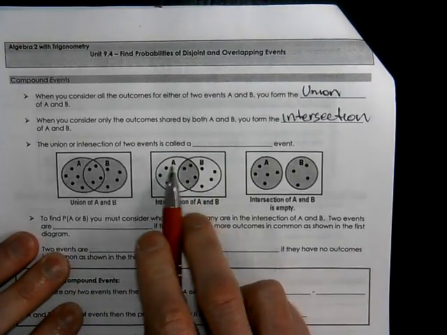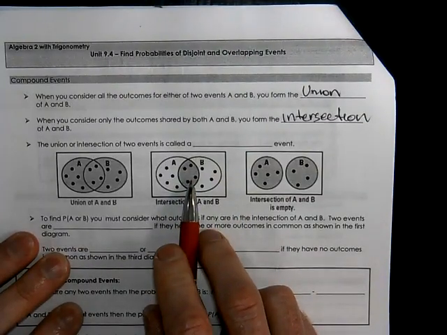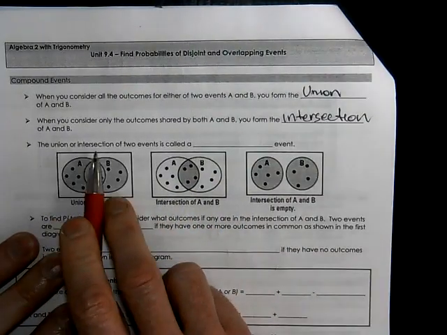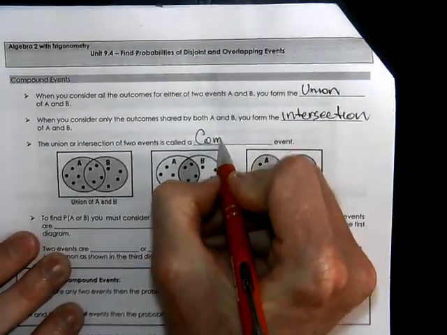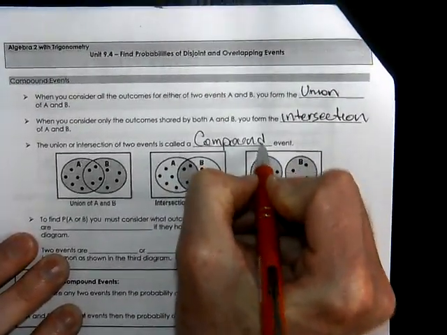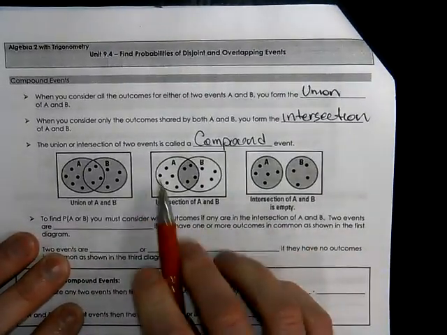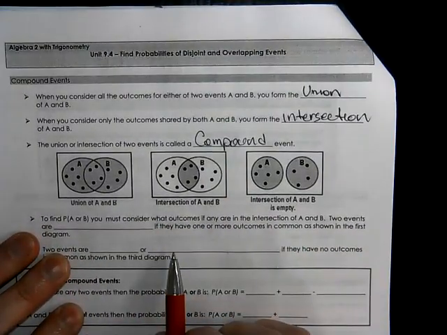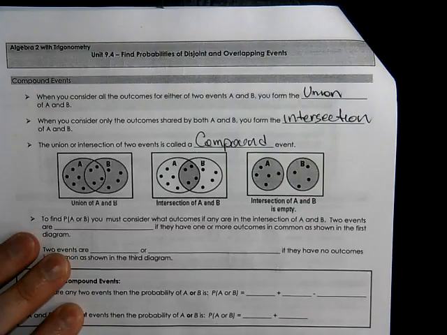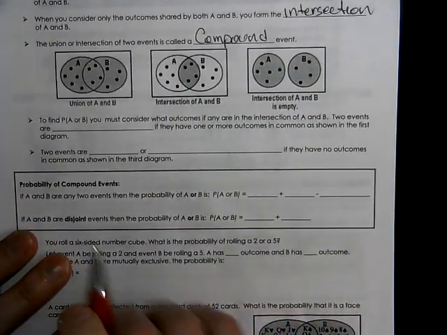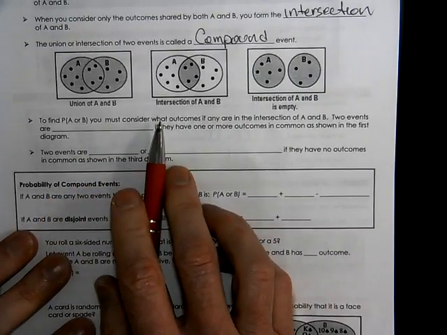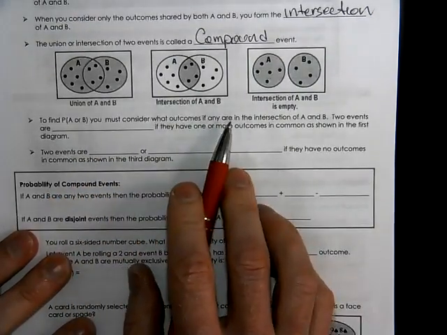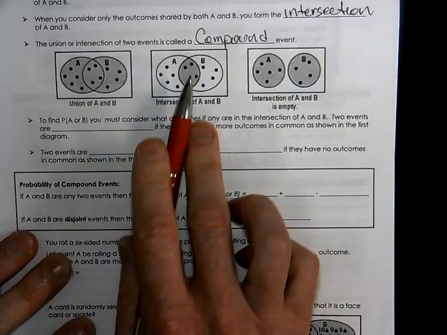That's where they're shared in A and B. So the union or the intersection is called a compound. These are compound events. So to find the probability of A or B, you must consider what outcomes, if any, are in the intersection.